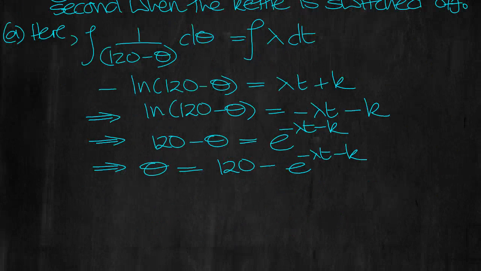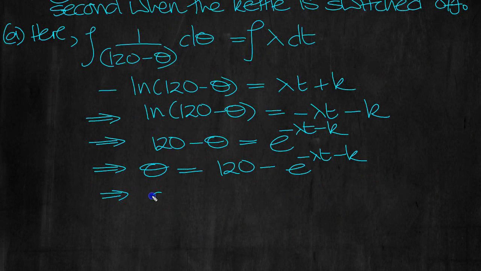And that's equal to theta is equal to 120 minus, now by properties of exponentials, it will be e to the minus k times e to the minus lambda t.